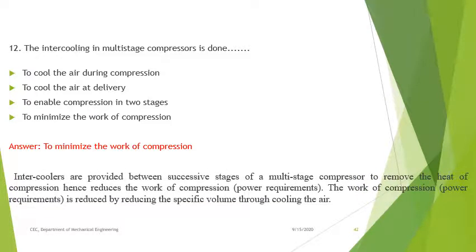Intercoolers are provided between successive stages of a multi-stage compressor to remove the heat of compression, hence reduces the work of compression. It is also called the power requirements. The work of compressor is reduced by reducing the specific volume through cooling the air.